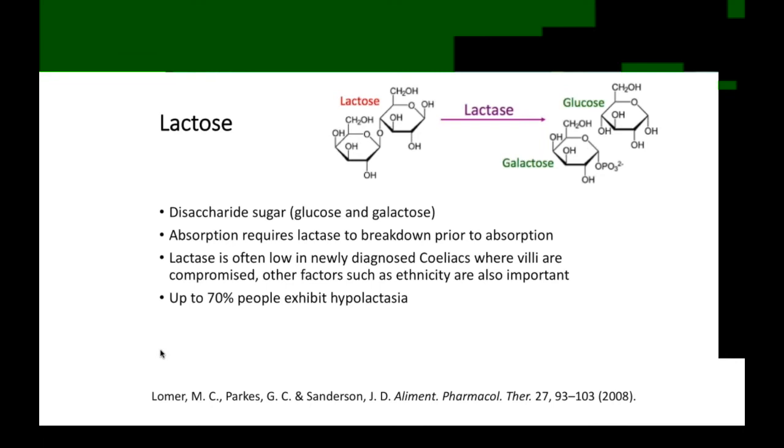Secondary is because there is something else going on. So, for example, with celiacs, if they are first diagnosed and the villi are compromised, that is where you're producing your lactase. So for celiacs, often initially, they will often find a problem with lactose. But as that villi recovers, they may be able to tolerate it.